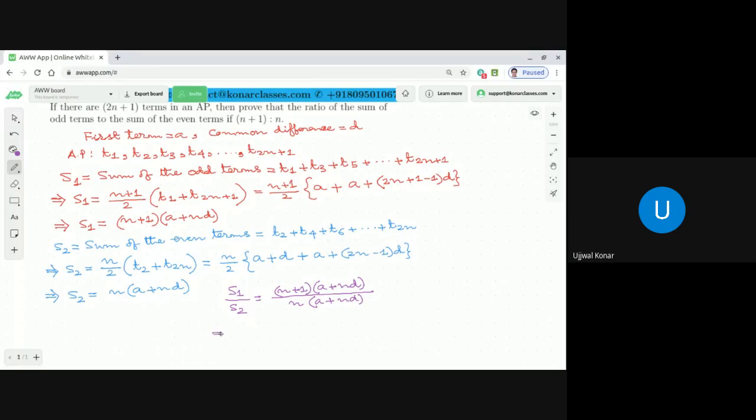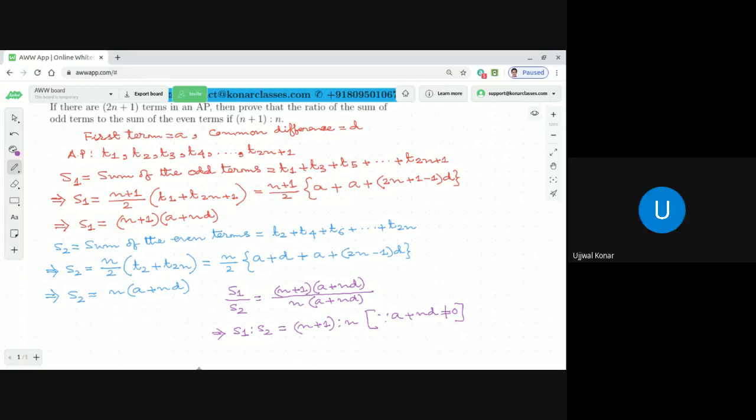And from here, we find S1 is to S2 is equal to n plus 1 is to n, since A plus nd is not equal to 0. Correct or not?